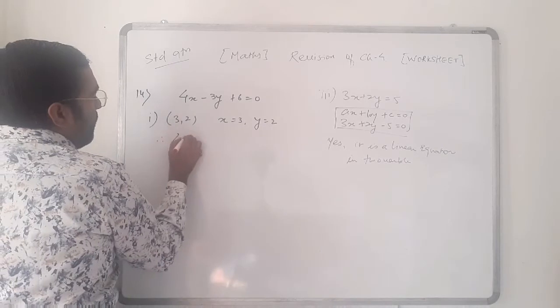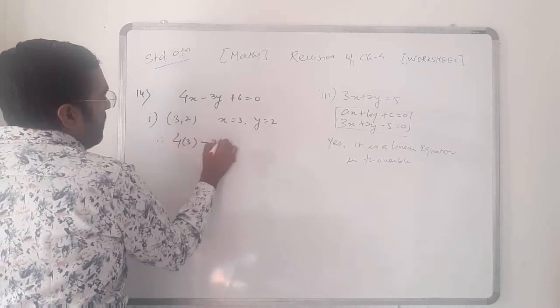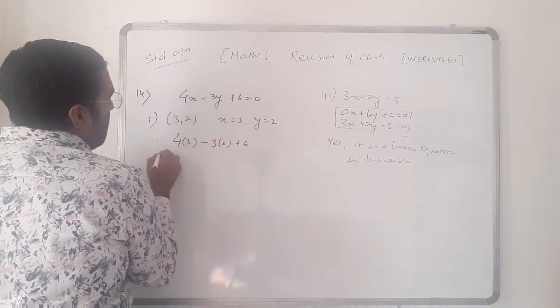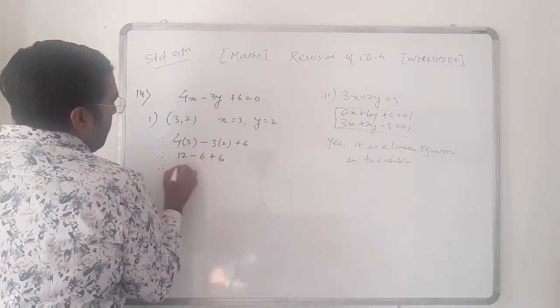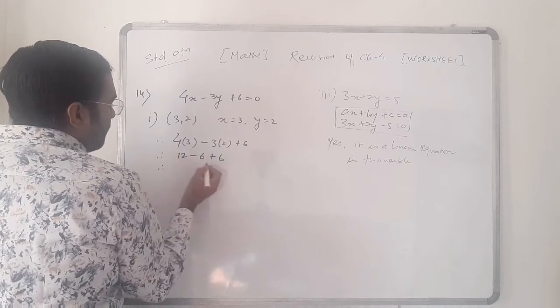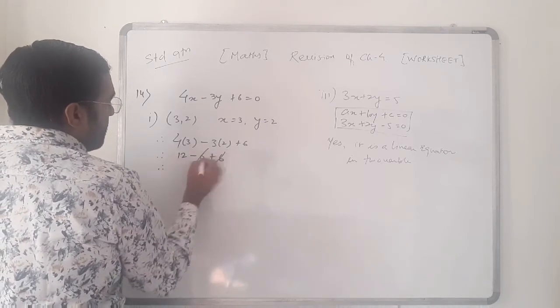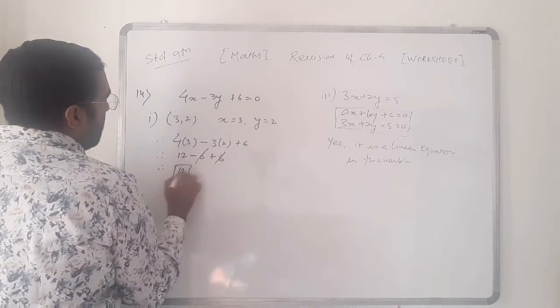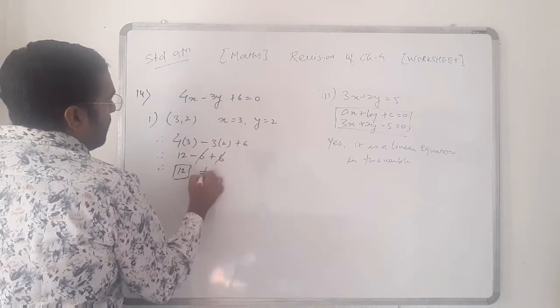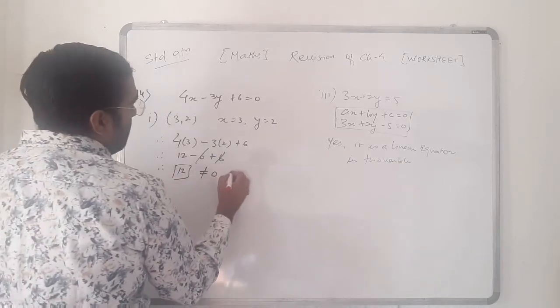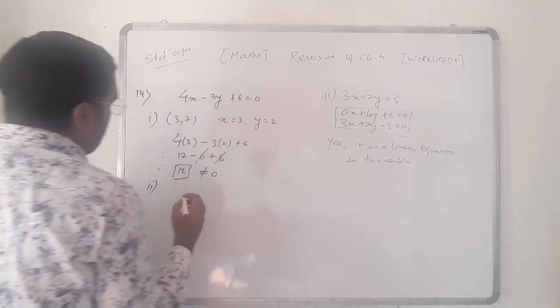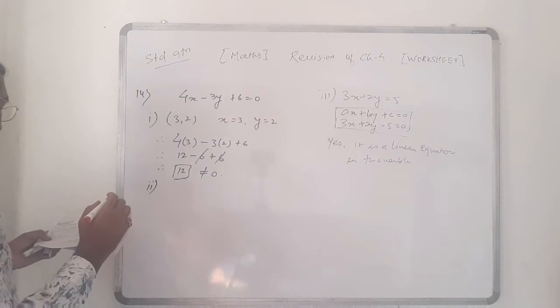So therefore 4 into 3 minus 3 into 2 plus 6. So therefore 12 minus 6 plus 6. Minus 6 plus 6 cancel out, so the answer is 12. So that is not equal to 0. So this one is not a solution of the equation.